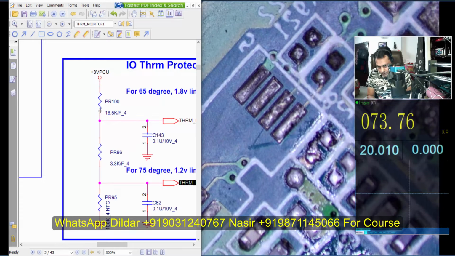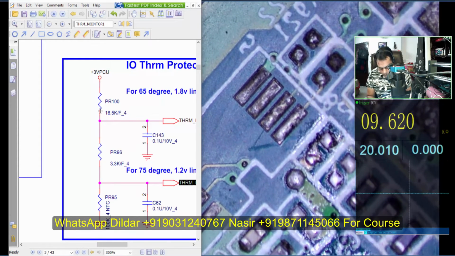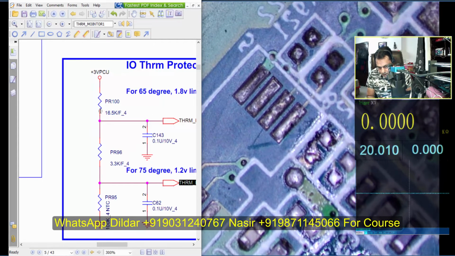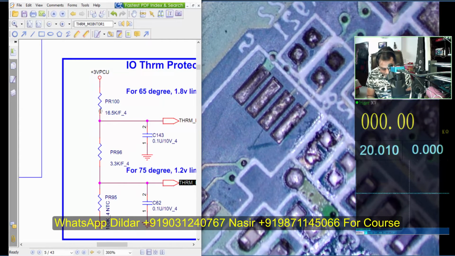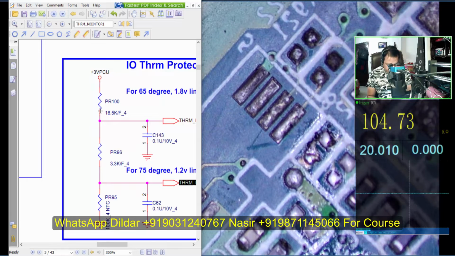It is around 74 kilo. I could use even 104 kilo.